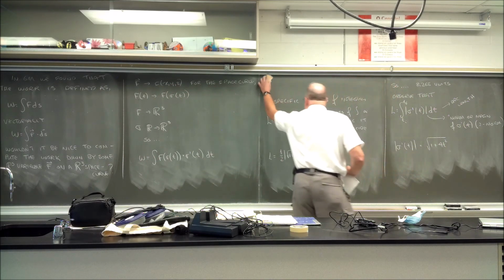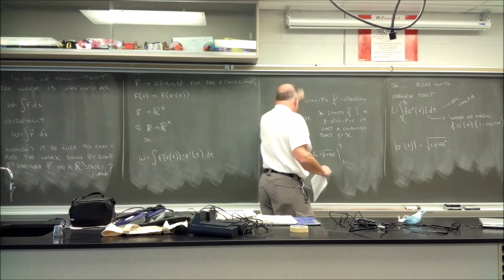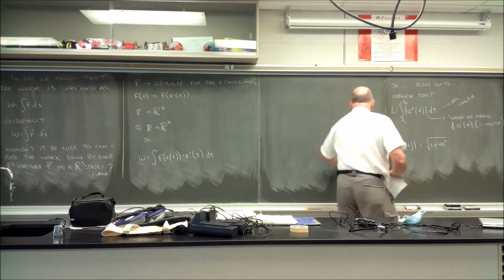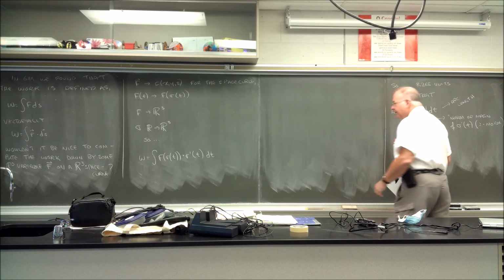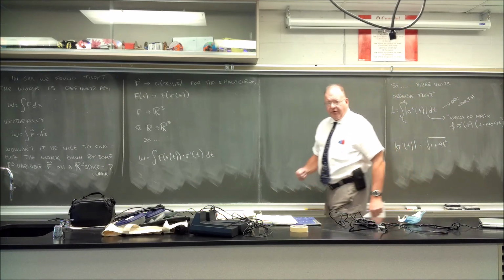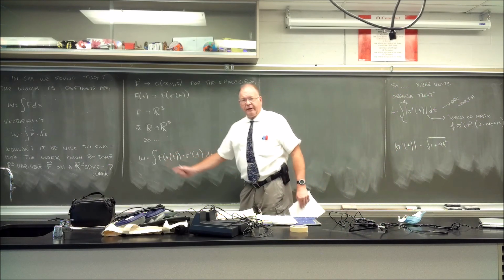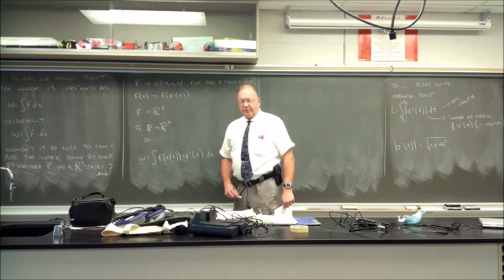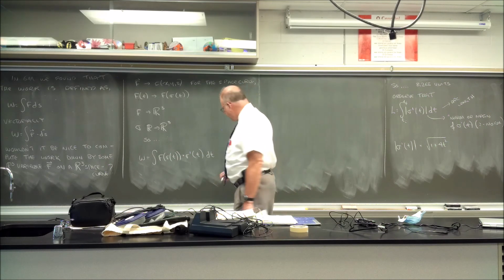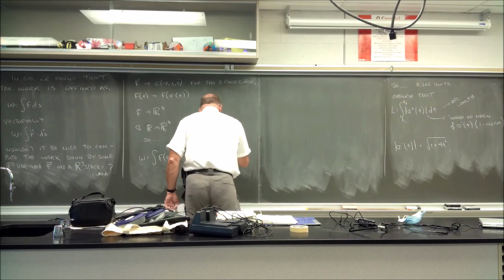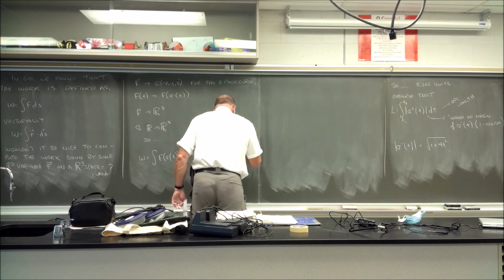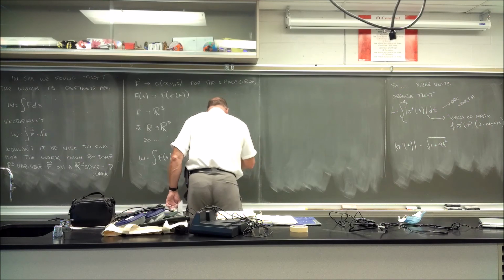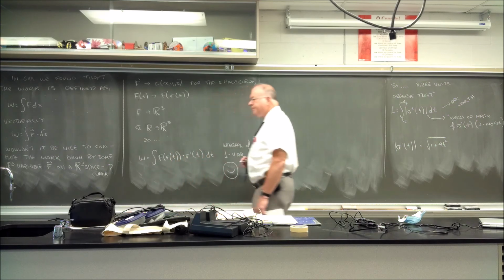Now the nice part about doing it this way is that if we do the parameterization, this entire integral is now one variable, something that you're experts in. So this is an integral of one variable, and in comparison, that is a good thing.